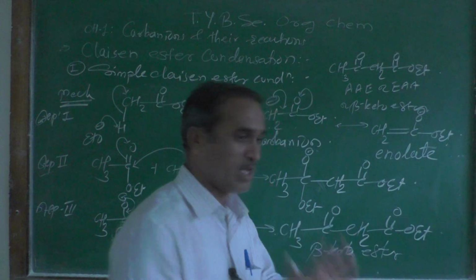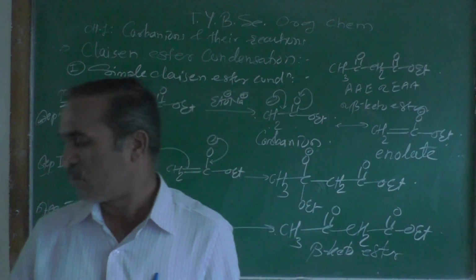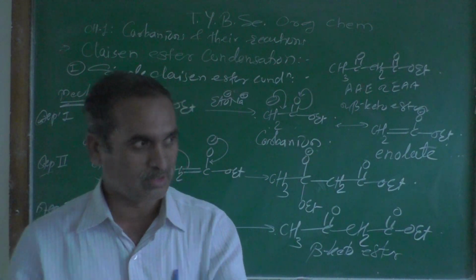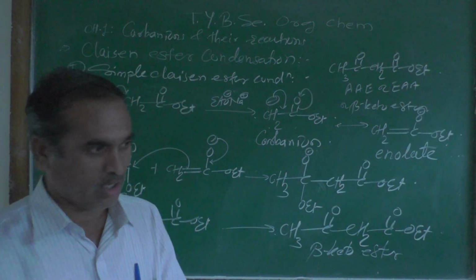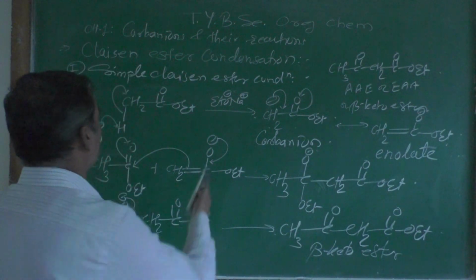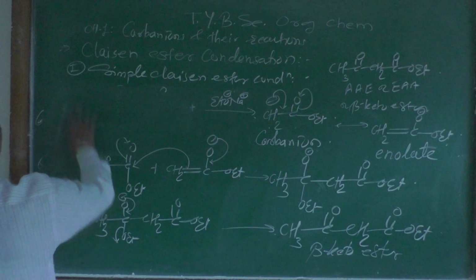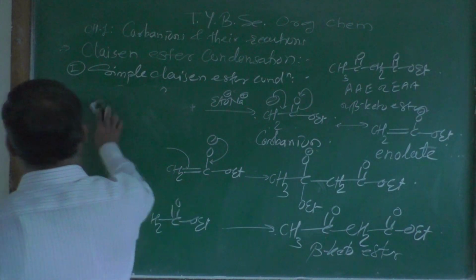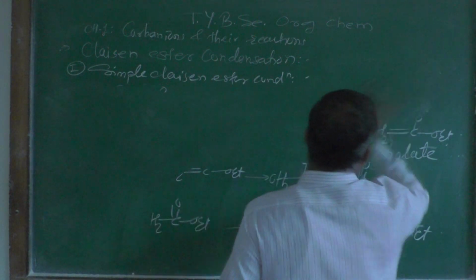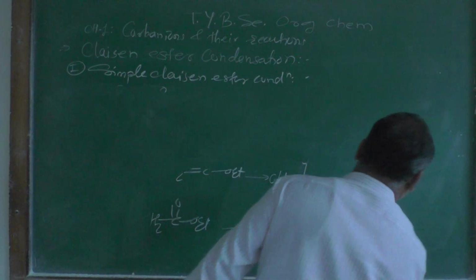You understood this? Now let me give you one more example so that you can try to predict the mechanism. Let me check that. Let us see one more example which will explain how you get the compound over here.